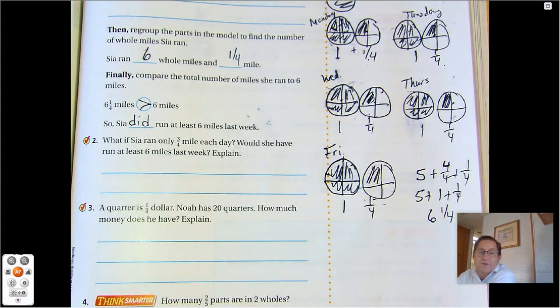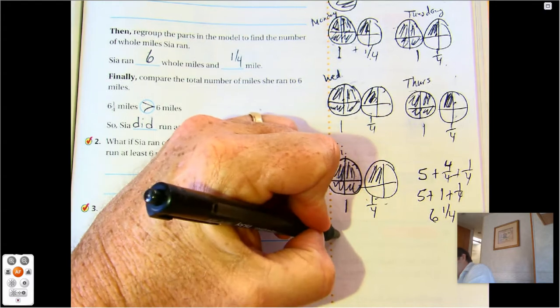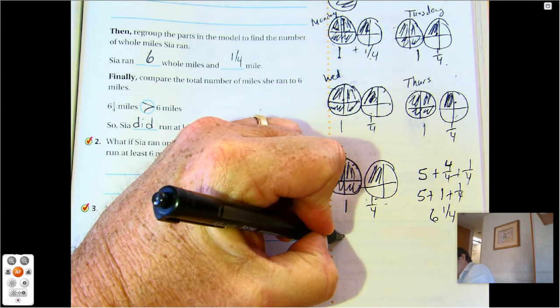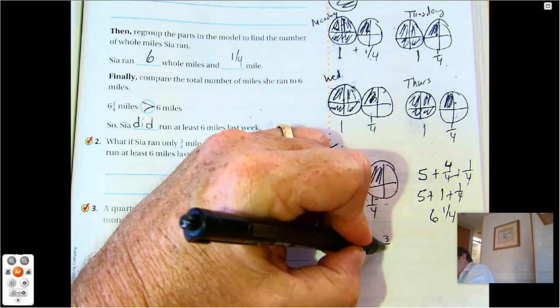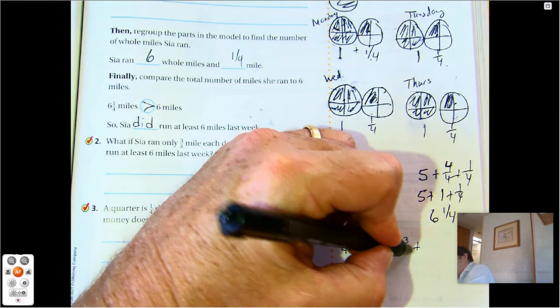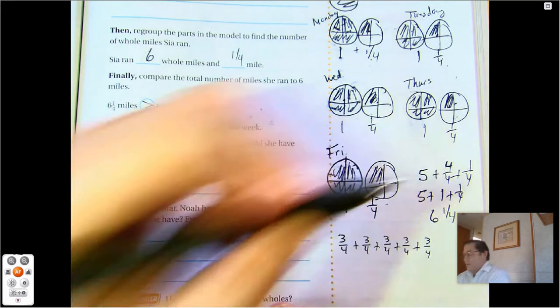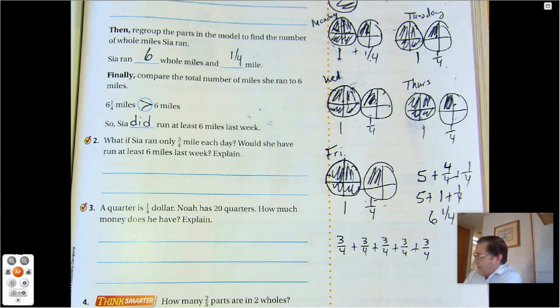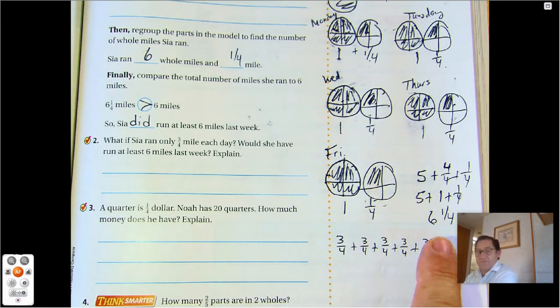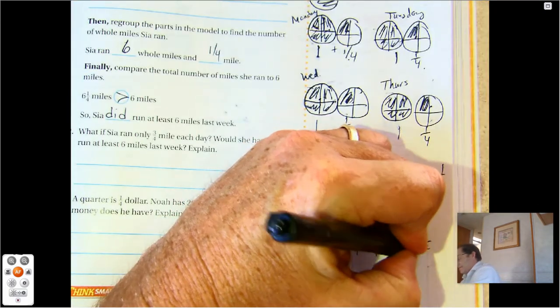What if Sia ran only 3/4 mile each day? Would she run at least 6 miles last week? Okay. So let's look at this. So it's saying 3/4 mile each day. So we have 3, 6, 9, 12, 15 fourths.